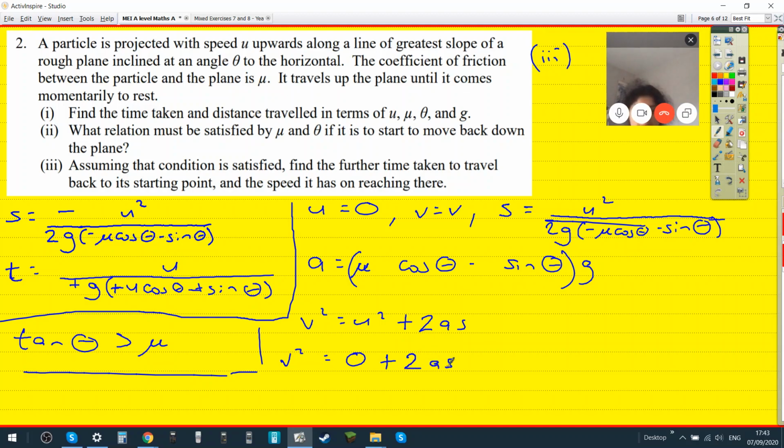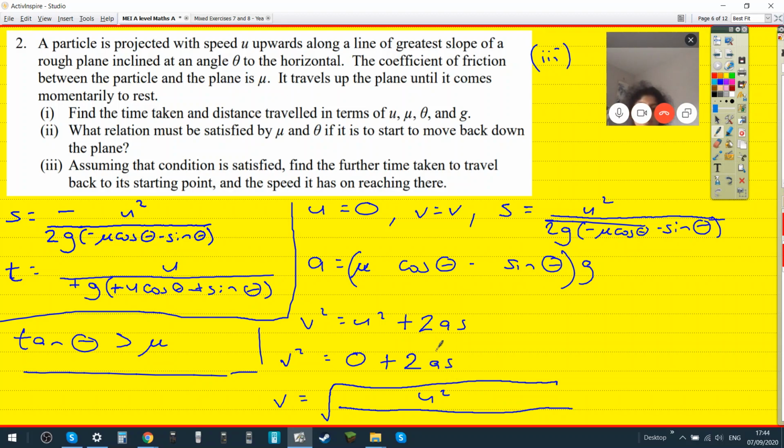So v is equal to the square root of those things multiplied. What do we got? U squared g mu cos theta minus sine theta over that whole thing. Yeah, and it might simplify a bit because you have g and 2g, so you could cancel out the g's. So u squared.